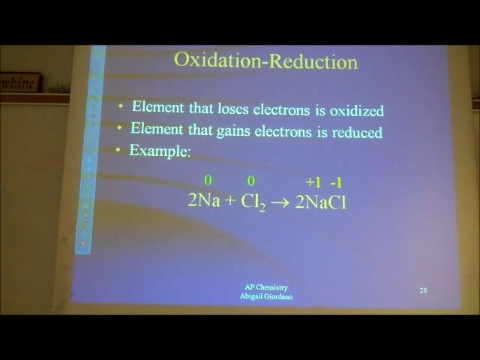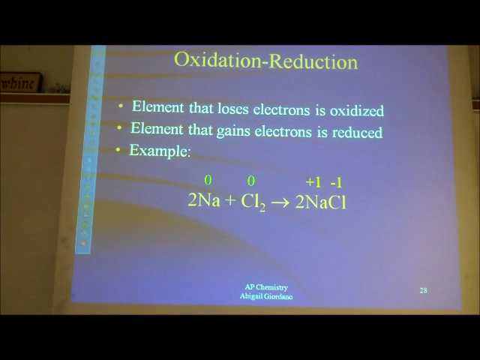Very good. I want to call your attention to our first somewhat significant change from last year's AP Chemistry curriculum. There are some questions in the problem set that are going to be very much like this. Here's a reaction. What element is being oxidized?